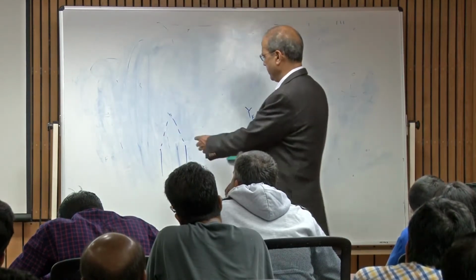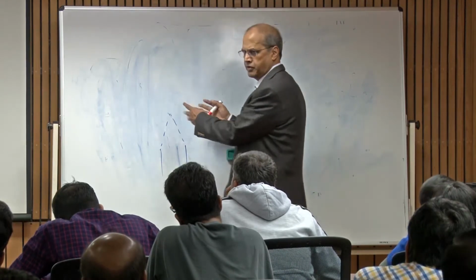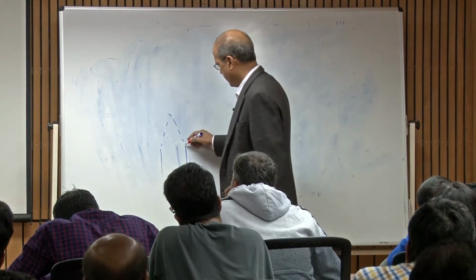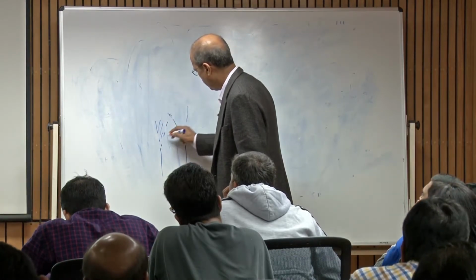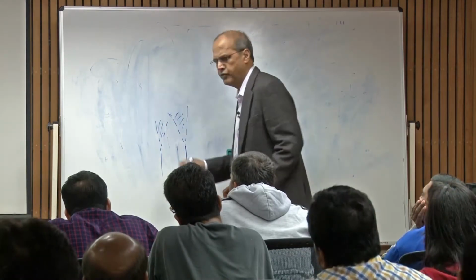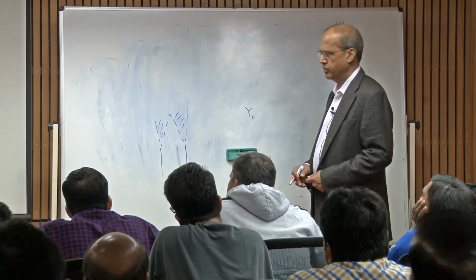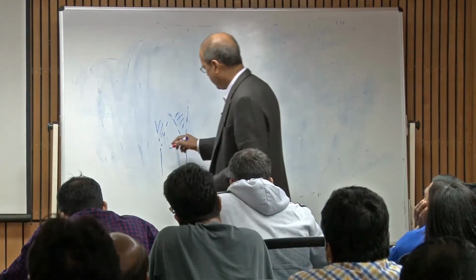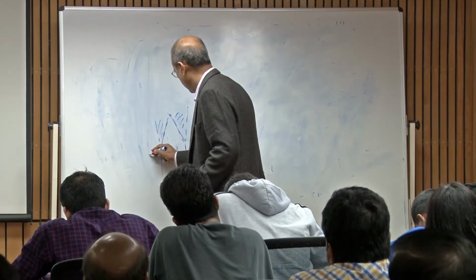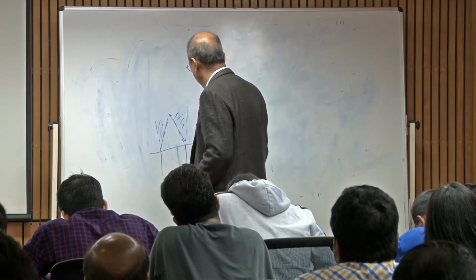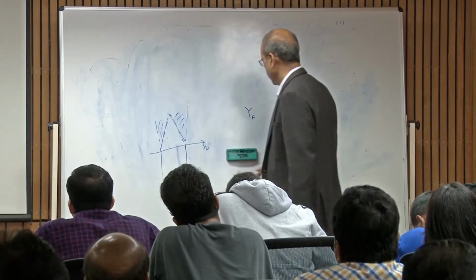What happens is this fuel jet comes out and starts mixing with air. Initially, this is the mixing layer where fuel and air are mixing. What does that mean? If this is the potential core, and you plot Y_F versus r here, what is the distribution?